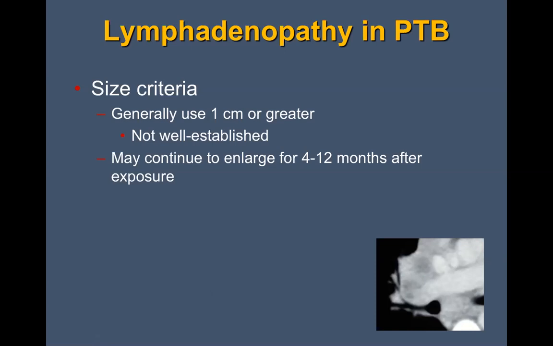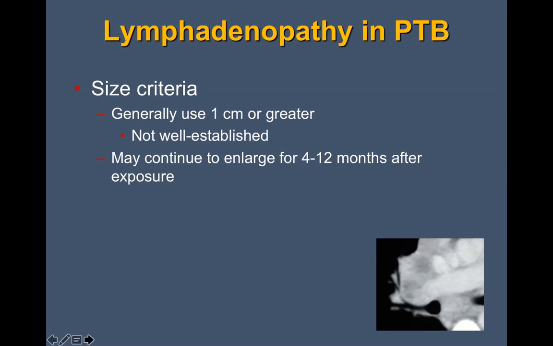Size criteria for abnormal lymph nodes in the chest in children is not really very well established, but generally we consider a lymph node that's a centimeter or greater to be potentially abnormal. And these lymph nodes, of course, may continue to enlarge for a while. So you don't necessarily want to follow these lymph nodes with imaging to help you in any way.